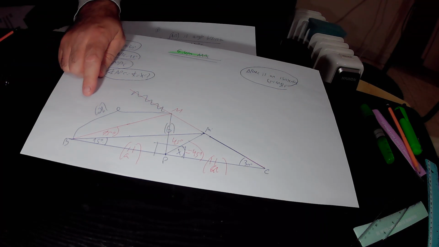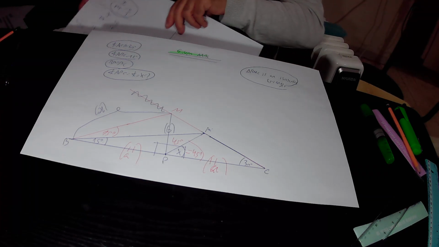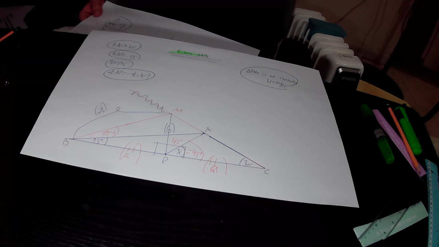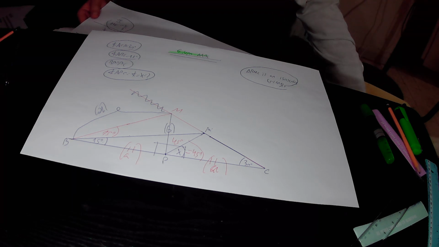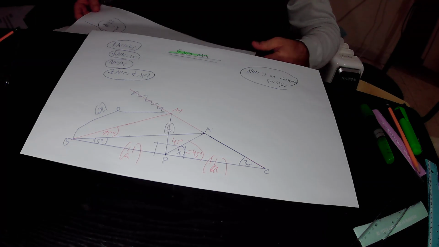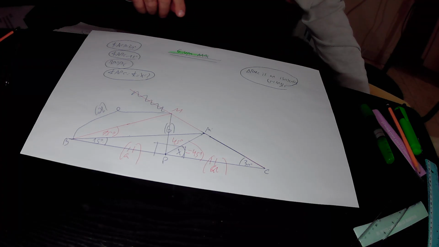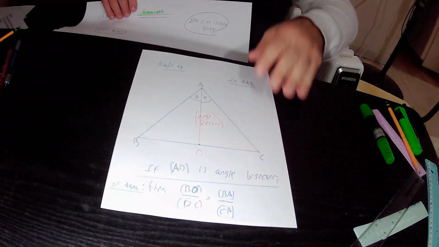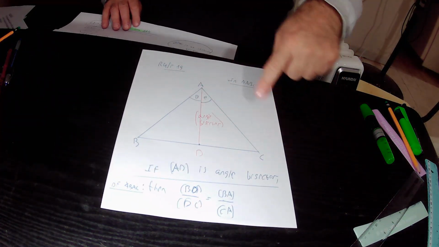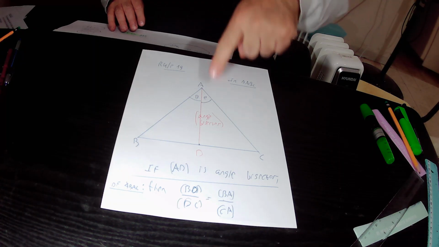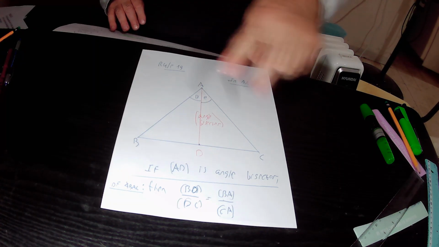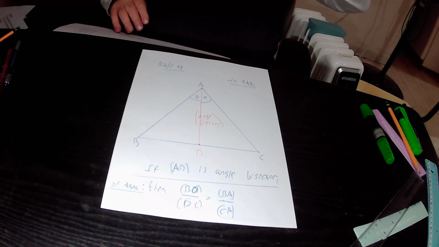And therefore, can we implement here the angle bisector theorem? According to the angle bisector theorem, it is rule 19. This is triangle ABC. We know that AD, the red line AD, is the angle bisector of triangle ABC.